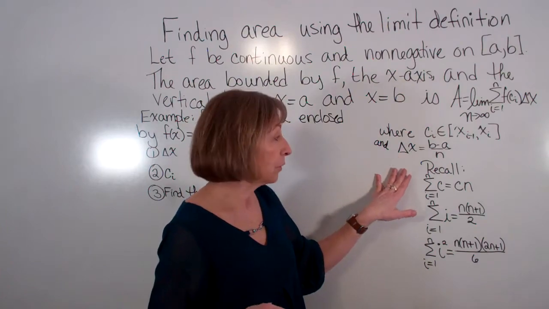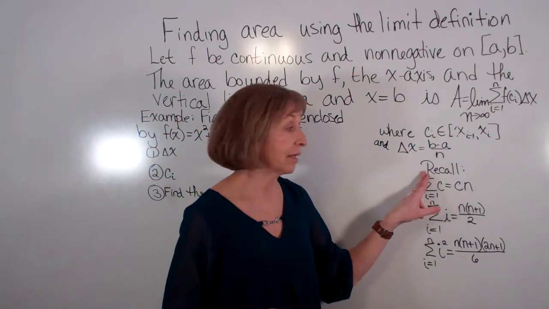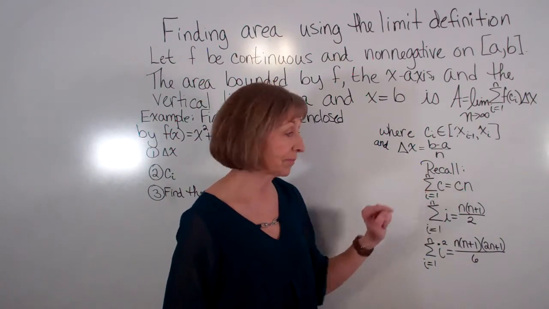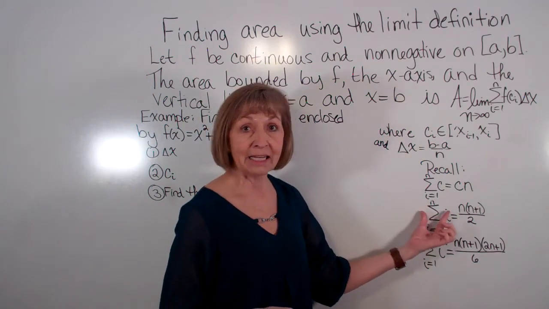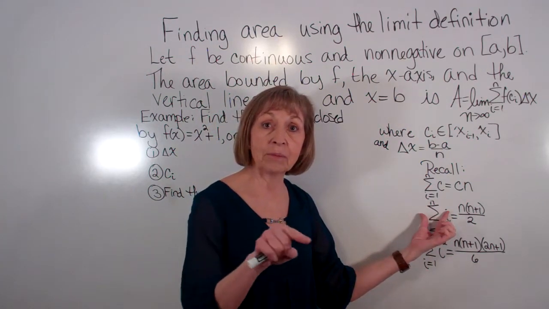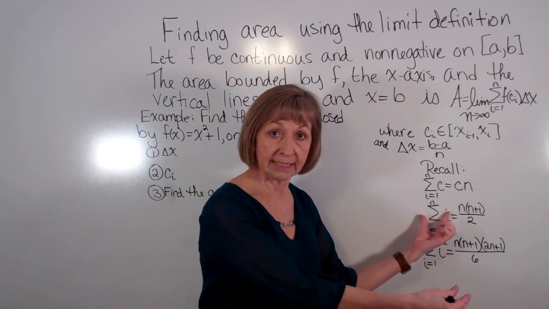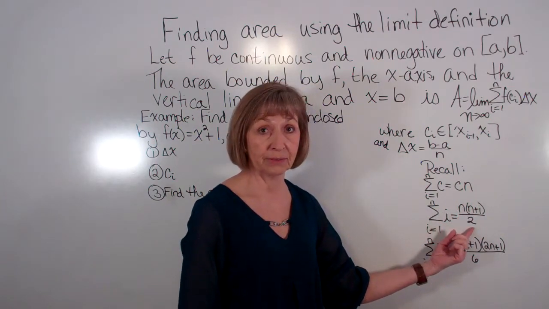Now also recall that the summation i equals 1 to n of a number is just the number times n. The summation i equals 1 to n of i, if instead of adding them up all individually I wanted to just jump to what that total is, I can get it by taking n times n plus 1 over 2.